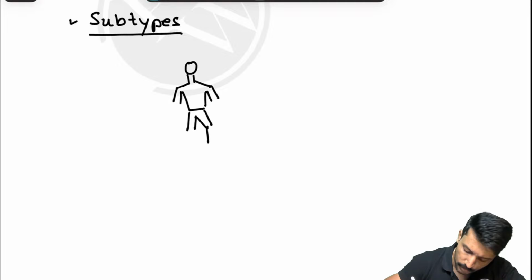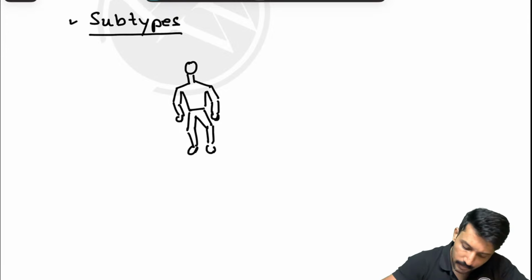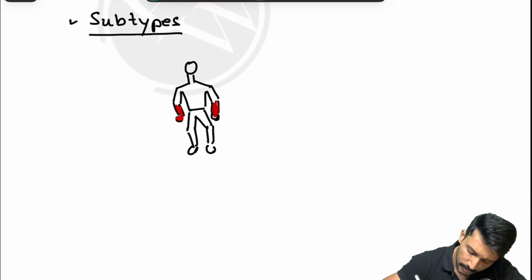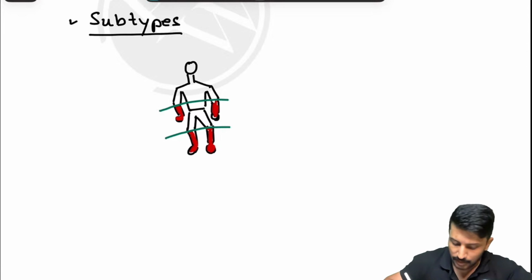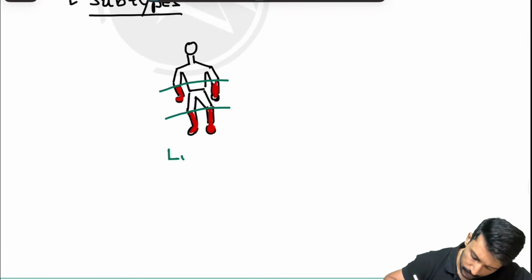In limited cutaneous, the skin fibrosis is restricted to the areas distal to the elbow joint. It does not cross the elbow joint. In the lower limb, it does not cross the knee joint. In the upper limb, it does not cross the elbow joint. Then we will call it limited cutaneous.